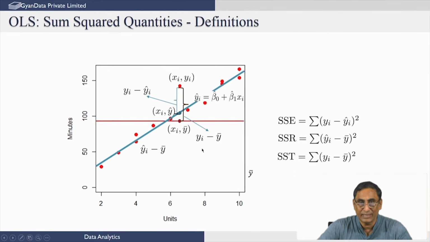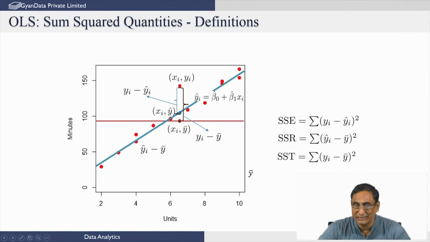Now, let us look at certain sum square deviations. The deviation between yi and y bar, which is the red line, the best fit of the constant, is yi minus y bar, and the sum of squares of all these vertical distances from the points to the red horizontal line, the constant line, is what we call the SS total or sum square total, which is the sum of yi minus y bar the whole square.